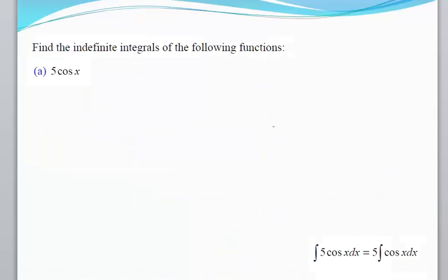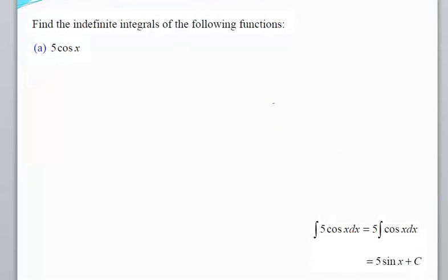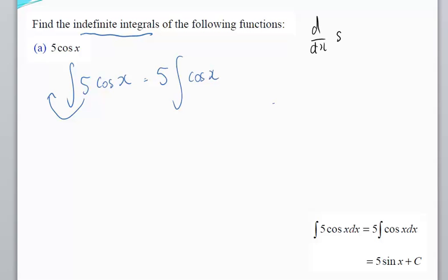So if we go through to our examples, our first example, we're wanting to find the indefinite integral of the following function. We have 5 cosine of x. We're integrating 5 cosine of x. 5 is a constant, so we can take it out. We can make it 5 multiplied by the integral of cosine of x. If we write our formula as it appears on our formula sheet, we have d on dx sine u is equal to cosine of u du on dx.